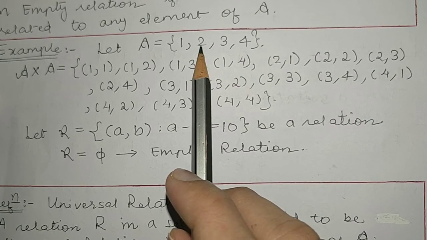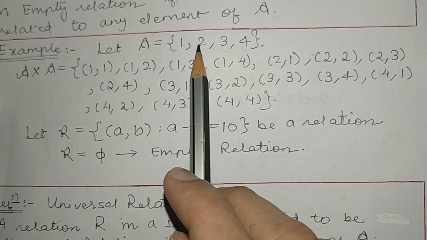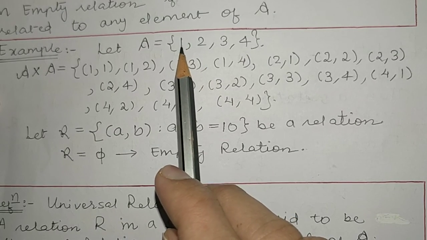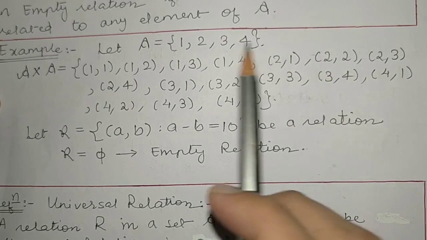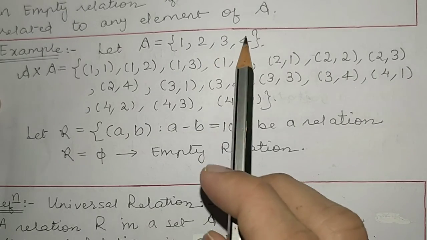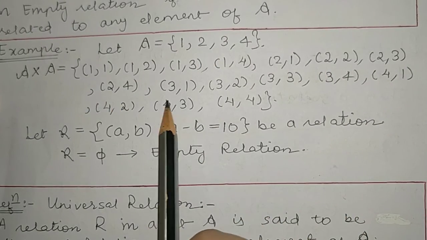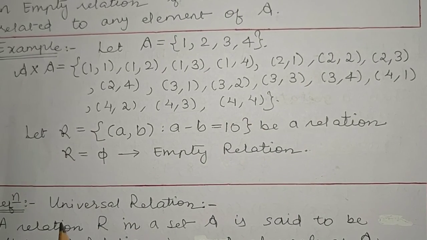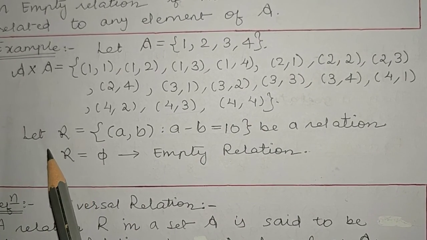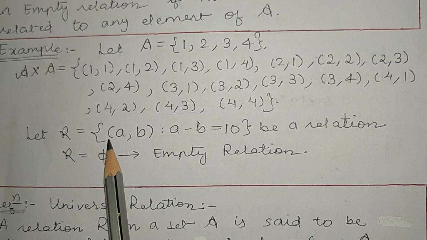Then we go to the second element, that is 2, and we take the cross product with the elements of A again. So 2, 1 will be there, 2, 2, 2, 3, 2, 4 will be there. Like that we continue. So we get A cross A. Now you look at the relation R, which is equal to what?